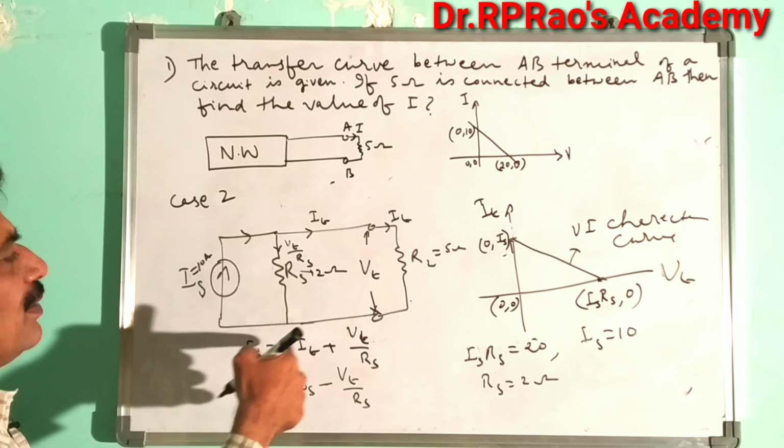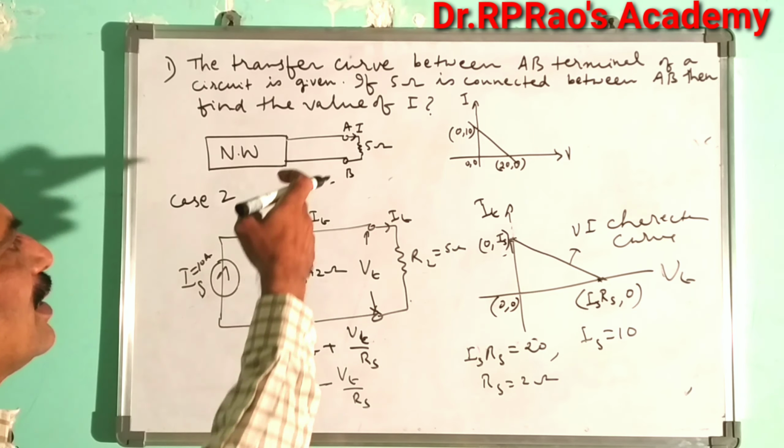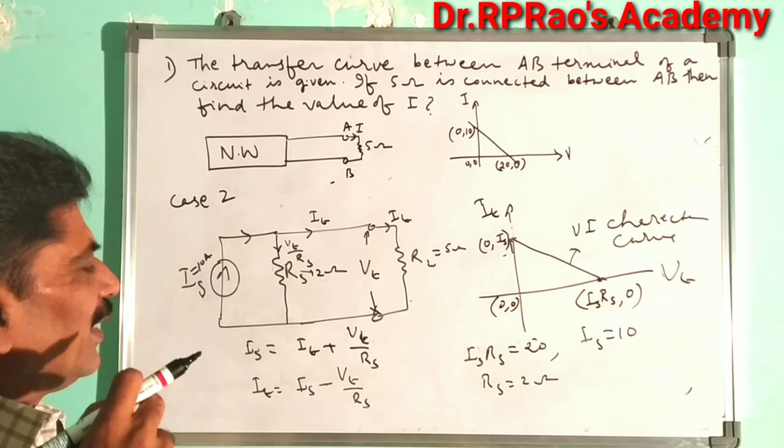Now from this circuit we can find out the current which flows through RL, that is nothing but I. We are supposed to find out the value of I now.